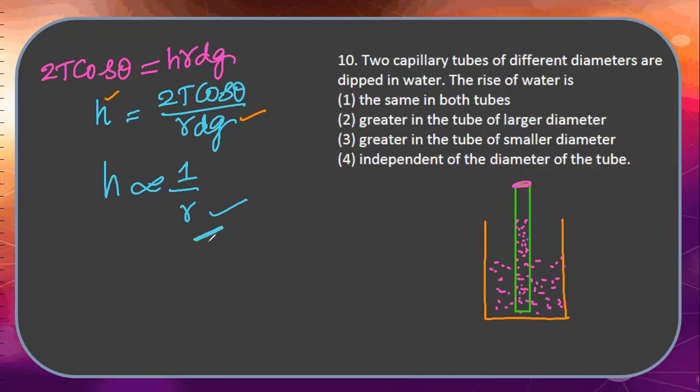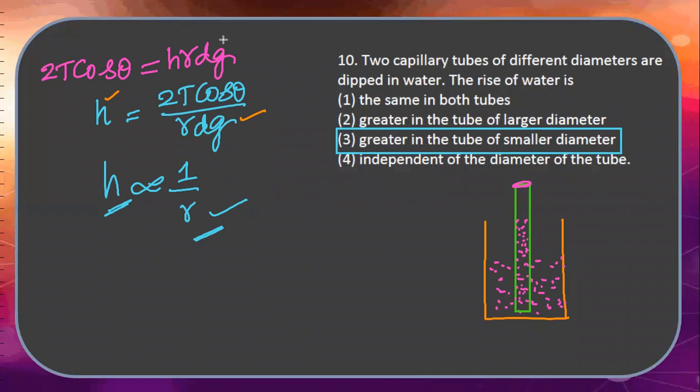If the diameter of the capillary tube is more, the height raised is less. And if the diameter of the capillary tube is less, the liquid rises to a greater height. Let's check the options. First one, same in both tubes, wrong. Greater in the tube of larger diameter, wrong. So greater in the tube of smaller diameter.